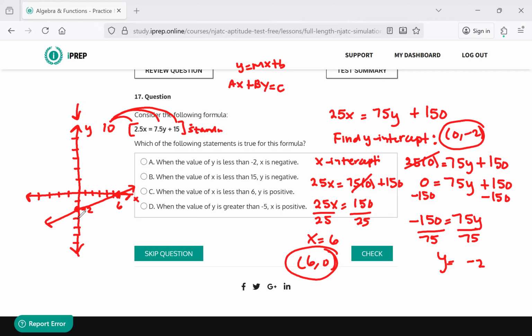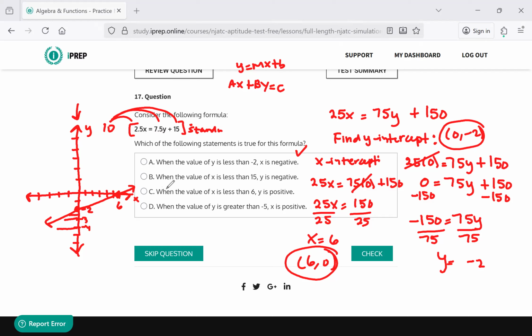Anything smaller than negative 2 includes negative 3, negative 4. At y equal to negative 3, the x value looks like it's negative. When y is negative 4, it's also negative. Even at negative 2.5, the x value is negative. So that's definitely true. I think that's always going to be true.